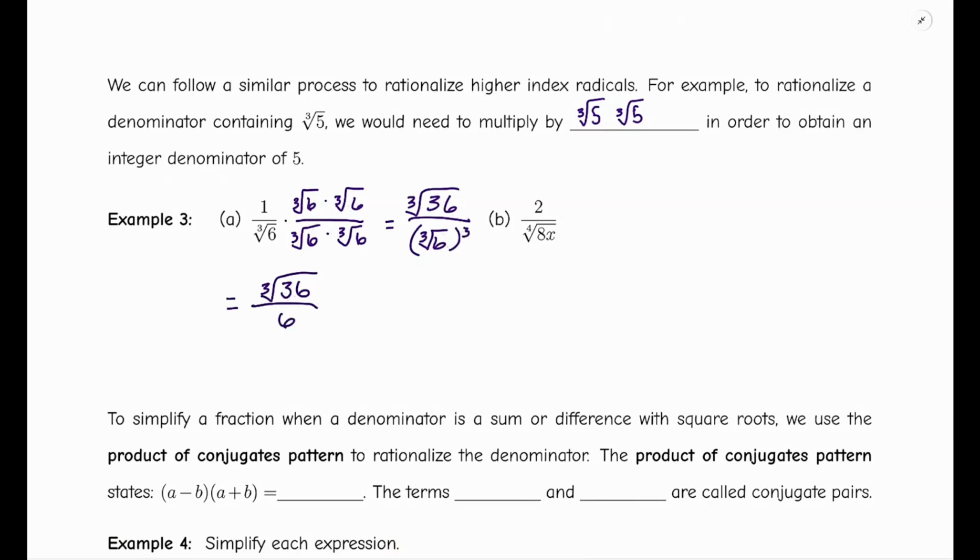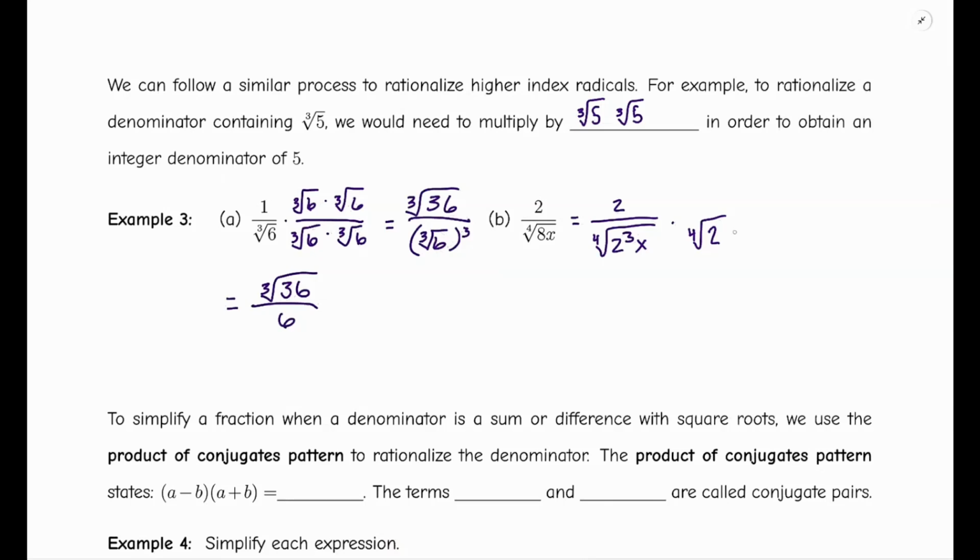And just like in example 2, part B, I recommend simplifying if possible. So for part B, I'm going to notice that 8 is 2 cubed. So unfortunately, I can't simplify it. But this time, I don't want to multiply by the fourth root of 8x 3 times in order to get 4. But because the 2 is cubed, I want to multiply by the fourth root of 2 in order to get 4 2's.